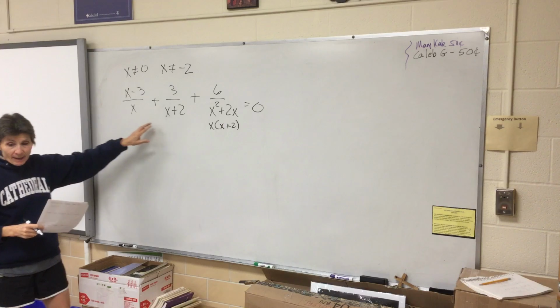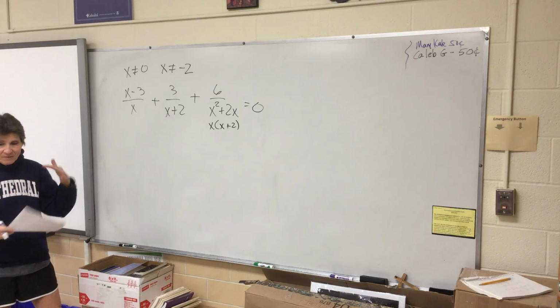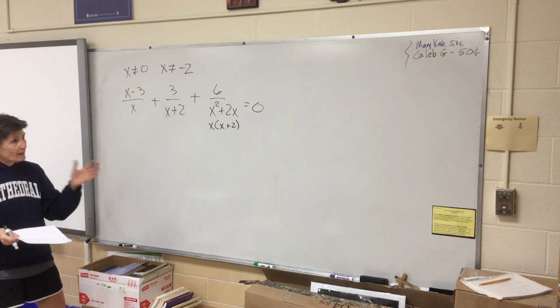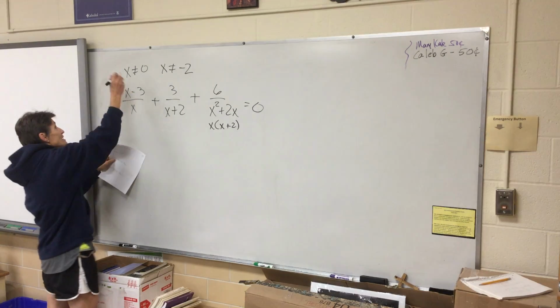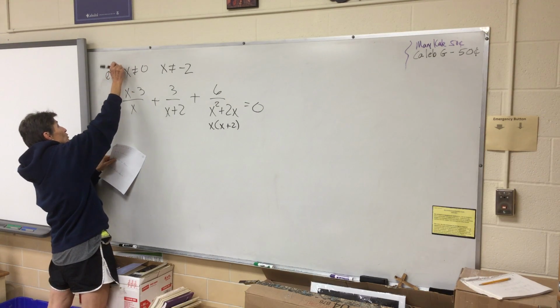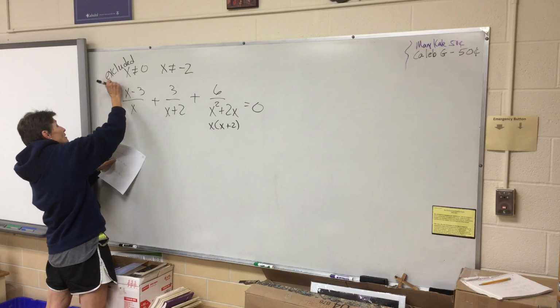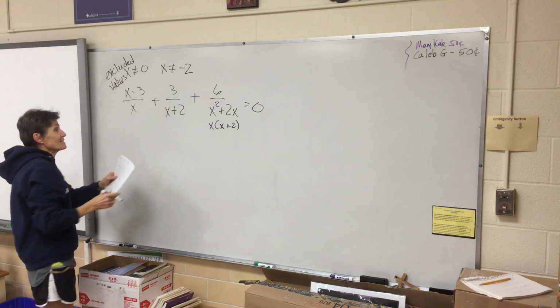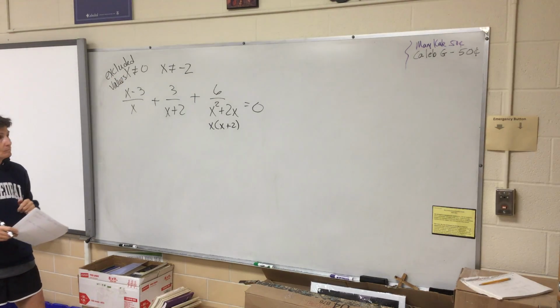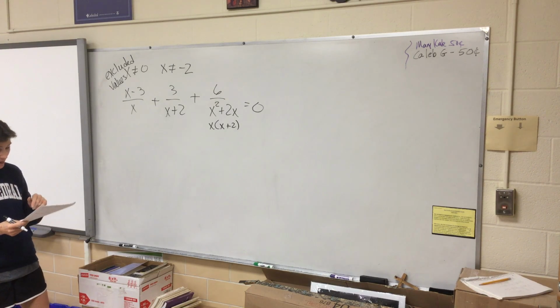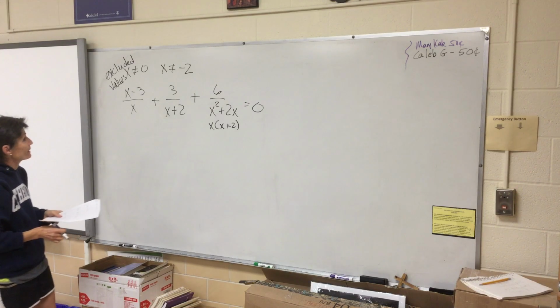You see what I'm talking about? So I don't know what the answers are going to come out to be when I solve this, but these are what we call the excluded values. These are the things that x cannot be. So I'm going to pay attention to that when I get done here solving it.